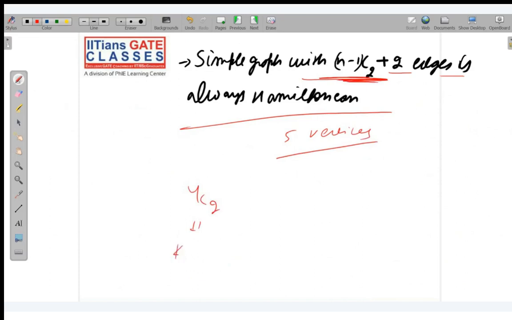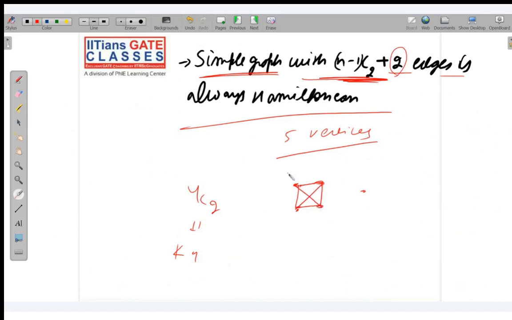You are having 5 vertices, so you make K4 on 4 of them. Now you already know every complete graph with 3 or more vertices is Hamiltonian, so this is Hamiltonian for sure. Now I'm saying plus 2 edges, and we are saying simple graph, so parallel edges are not allowed, and we cannot have more edges within K4. We have exhausted all of those edges.